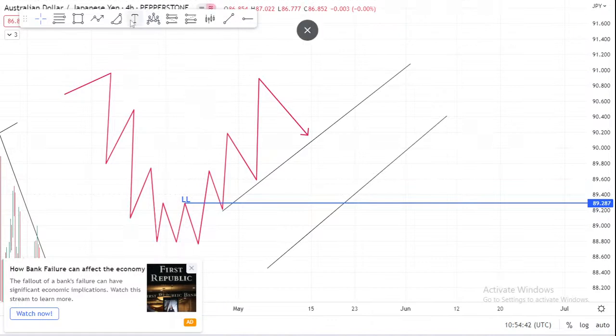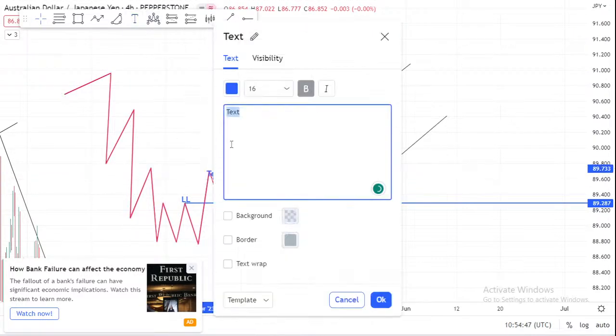That is where the change of character will come in, because now at this point we no longer have a lower low, but we've started having a higher, lower high, sorry. It's no longer a lower low but a lower high or a higher low.